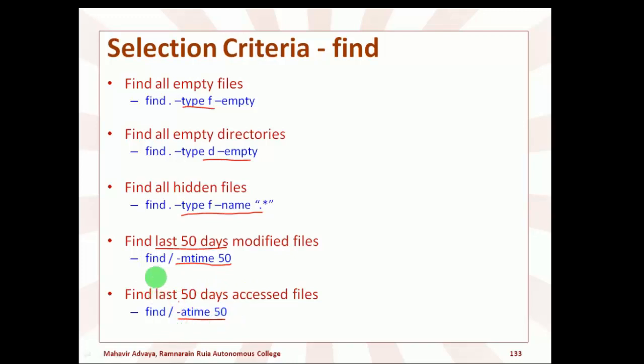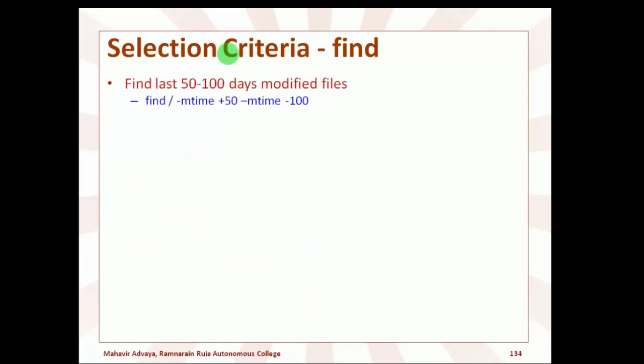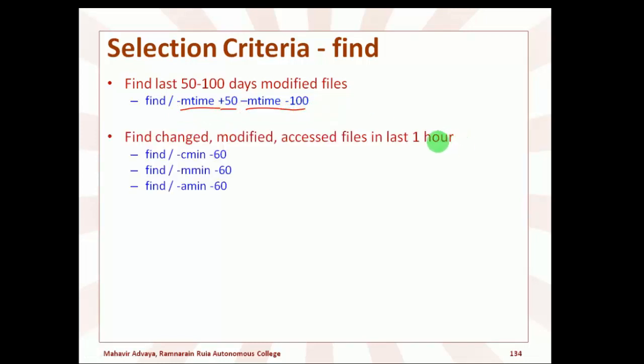Again here, whenever you see root, that means the slash, that means it is the root directory, and if you want to execute all the commands in your current directory, you will use the dot. Similarly, finding the files that were modified between 50 to 100 days, you use modification time +50 and modification time -100, so between 50 and 100 days.